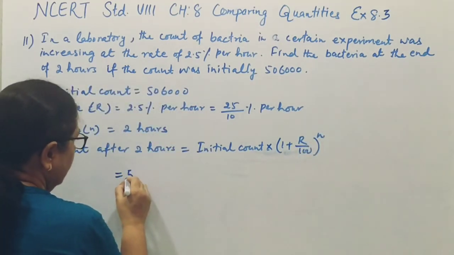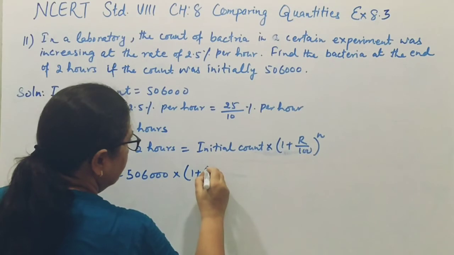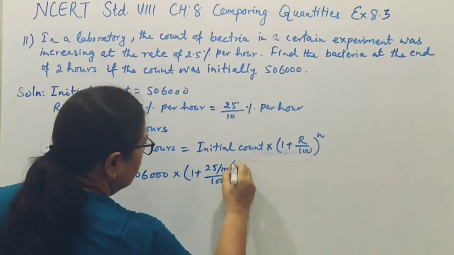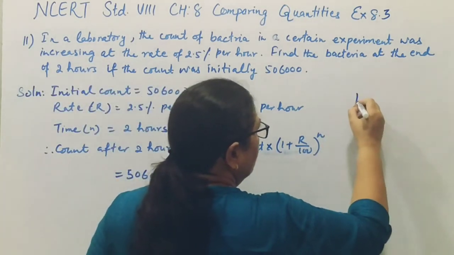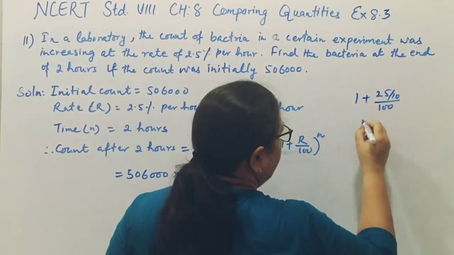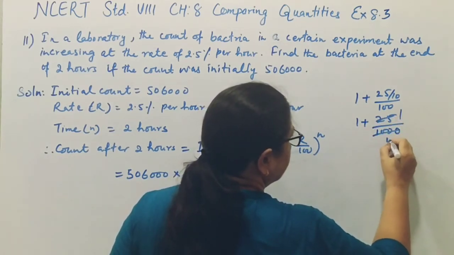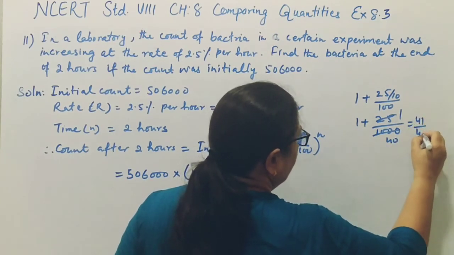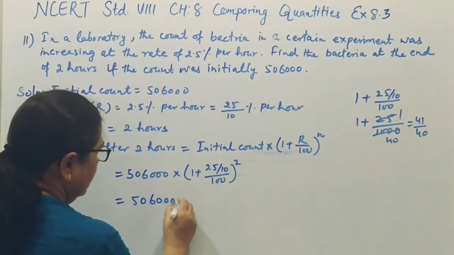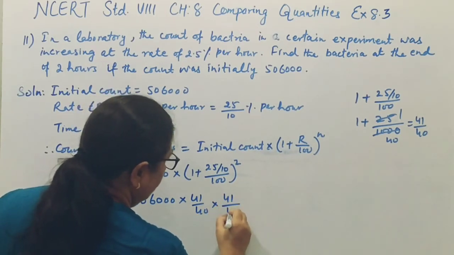So it is given by 5,06,000 into 1 plus 2.5 means 25 upon 10 upon 100 raised to power 2. So 1 plus 25 upon 10 upon 100 after simplification will become 41 upon 40. So we will get 5,06,000 into 41 upon 40 into 41 upon 40.